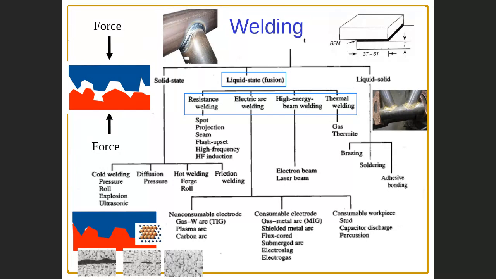The other type is solid state welding. In solid state welding, there is no melting. This is solid, and no melting at all. We are going to weld solid, and there is no liquid here.